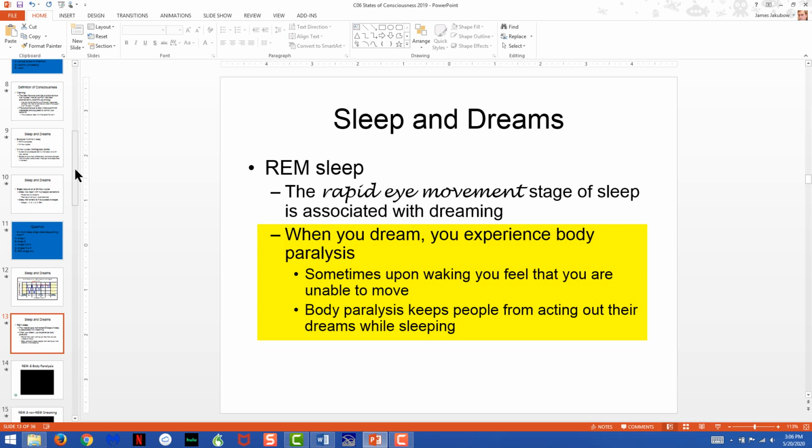This occurs during REM sleep in a way that appears to be related to an adaptive protective process for an individual. If you did not block the outgoing motor messages from your brain, you would automatically act your dreams out. And that, as you might imagine, would be very possibly dangerous, because upon acting your dreams out when you're unconscious, you might become hurt.